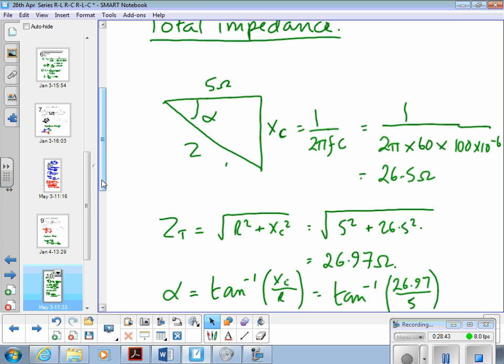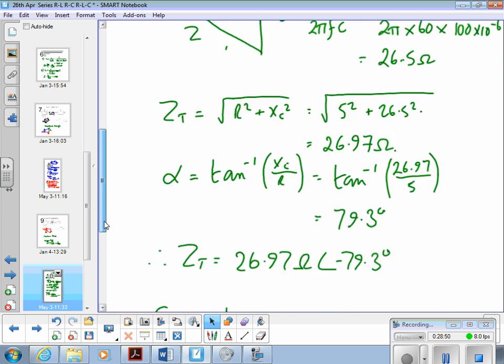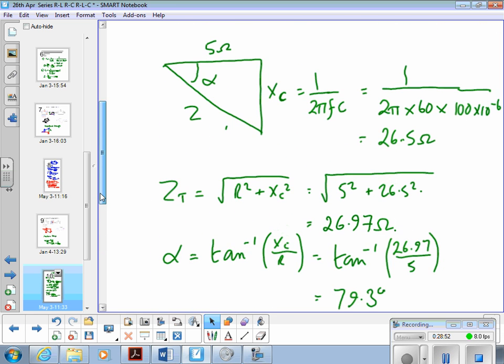Yeah. So if XC gets smaller, what happens to Z? This line gets smaller. What happens to Z? It gets smaller. What happens to the angle? Decreases. Yeah.